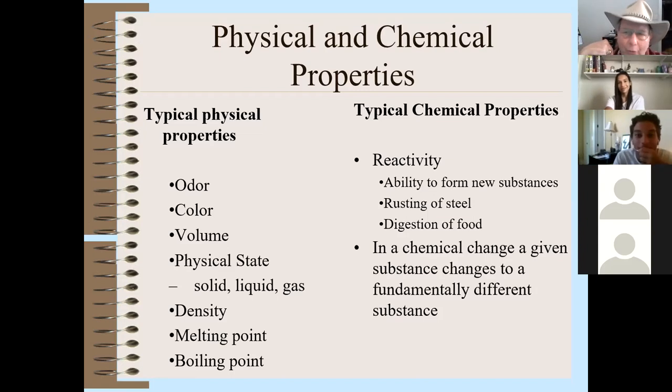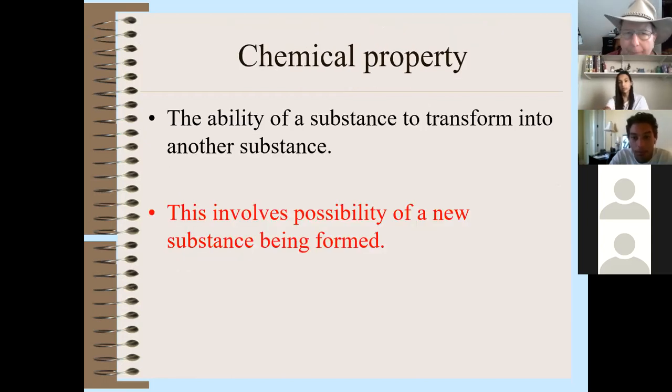What about steel? No. So this is what I'm talking about. You're using a change in the physical properties to detect a chemical reaction has taken place. So when we're dealing with the chemical property, that is the possibility of transforming something into a new substance.